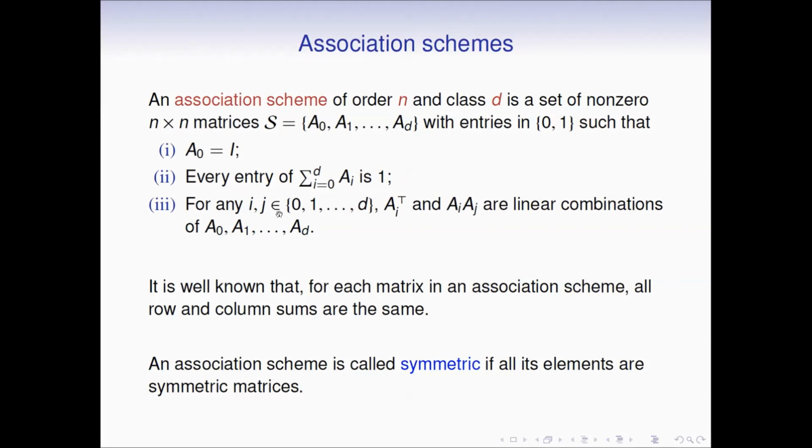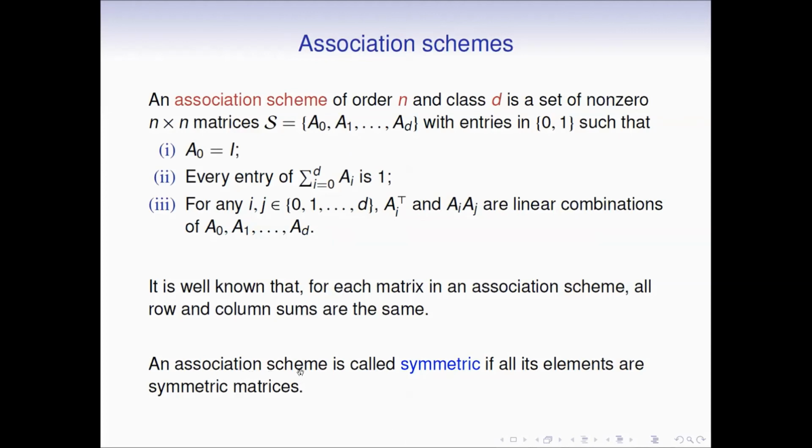And for any two of them, A_i A_j^T, and then A_i A_j and A_i J are linear combinations of the matrices. And it is well known that each matrix here has the same row and column sum. So row sums and column sums are the same.